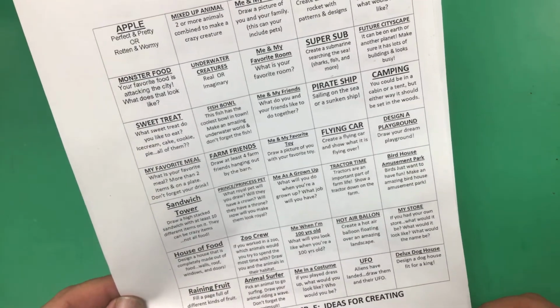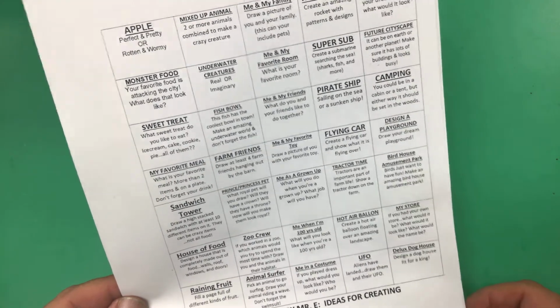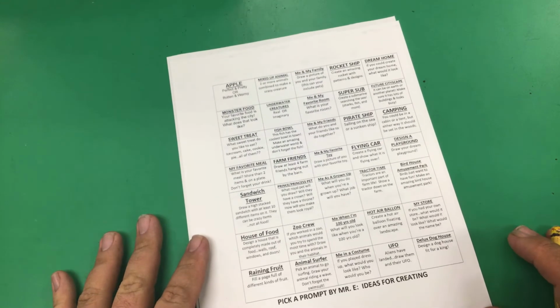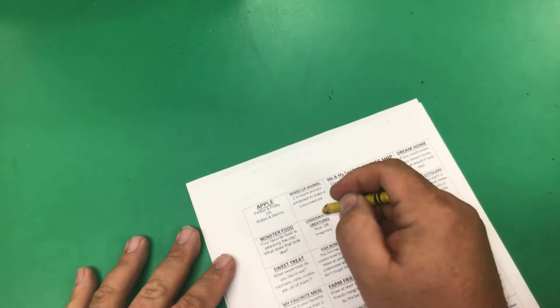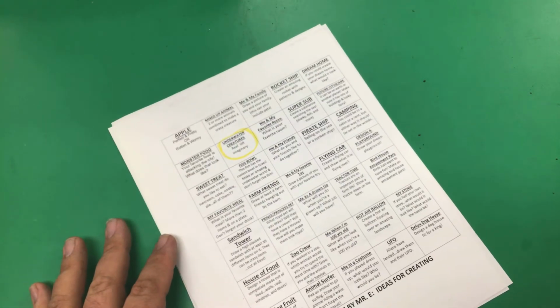And you can make several of one, or you could just do one and move on to another one. One of the good things about printing out these sheets is once you've done it, just circle it or X it out and move on and see if you can fill up the whole sheet.